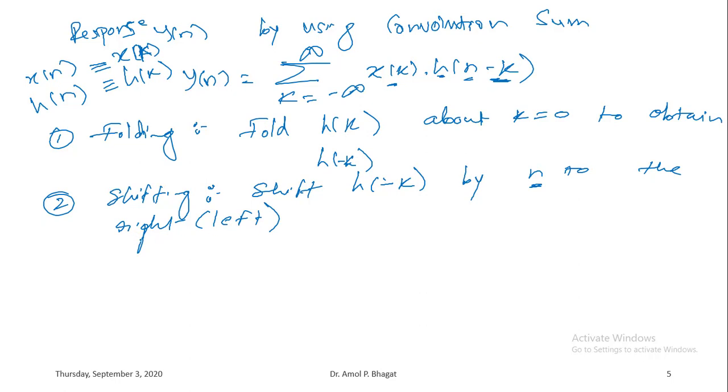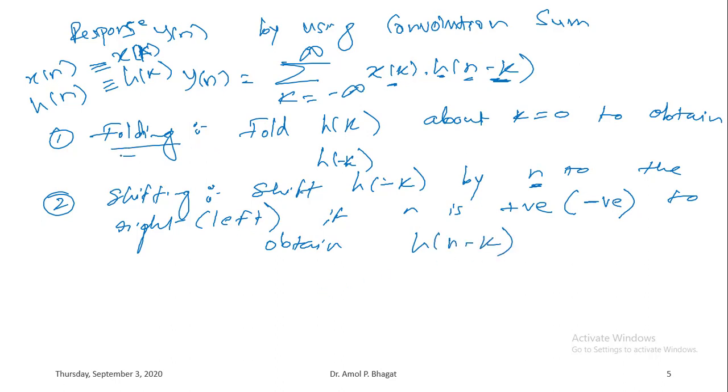It will be shifted to the right if n is positive, or shifted to the left when n is negative. We shift it to obtain h of n minus k. That is the second step.